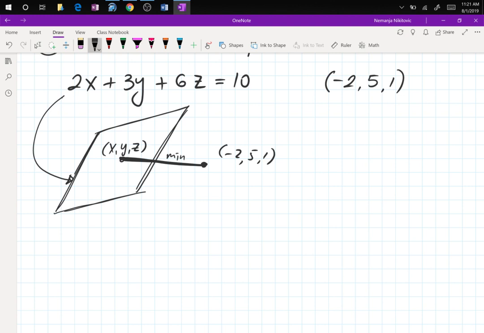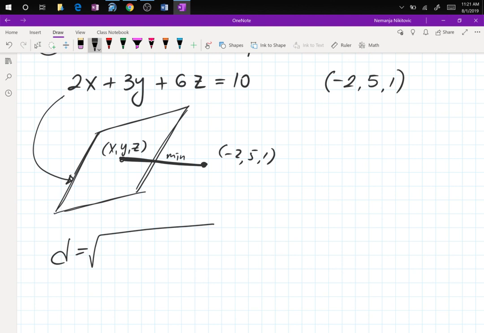Minimum distance. So now we know that we have to use the distance formula because you're looking for the minimum distance between the point and the plane. If you draw it any other way, it's going to be longer. Now the distance in Euclidean space, since on small scale it always applies, right?